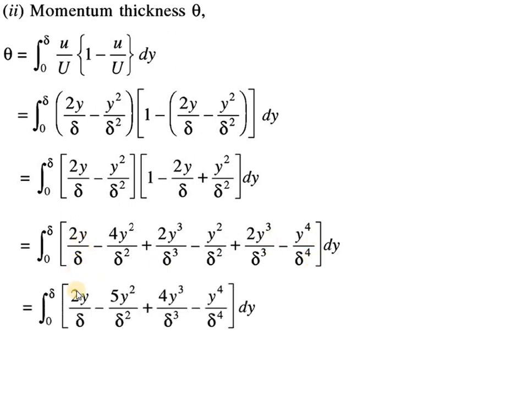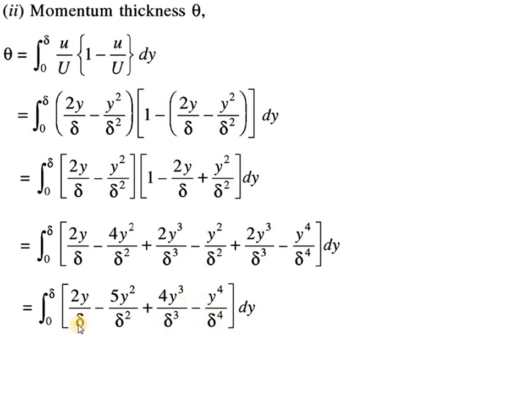So our final will be 2y by delta as it is, minus 5 y square by delta square, plus 2y cube by delta cube plus 2y cube by delta cube, that will give us 4 times y cube by delta cube, minus y raised to 4 upon delta raised to 4.